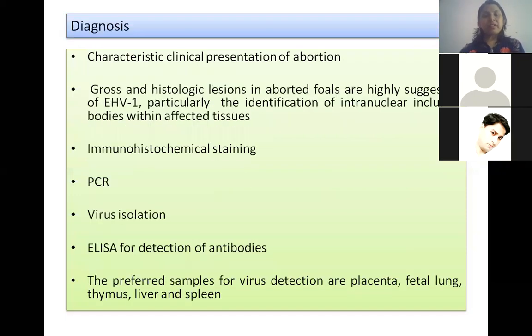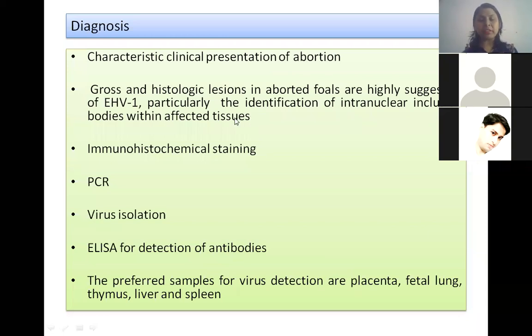Diagnosis: the characteristic clinical presentation of abortion is suggestive of equine abortion virus infection, and the gross or histologic lesions in the aborted fetus are diagnostic for equine herpes virus 1 infection, particularly the presence of intranuclear inclusion bodies in the affected tissues.